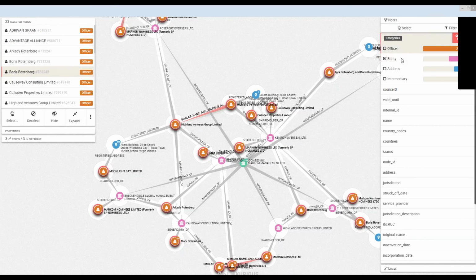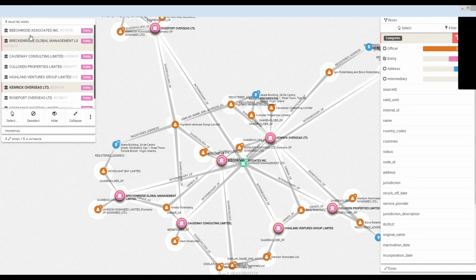Similarly, we have found 8 entities, and the list includes Beechwood Associates Inc., Causeway Consulting Limited, Canrick Overseas Ltd, and so on and so on. So if, as a bank, I'm doing business with any of these entities, I need to know it because they are connected to the Rotenberg Brothers and potentially a source of risk for my company.